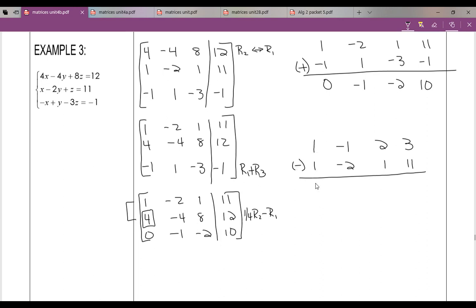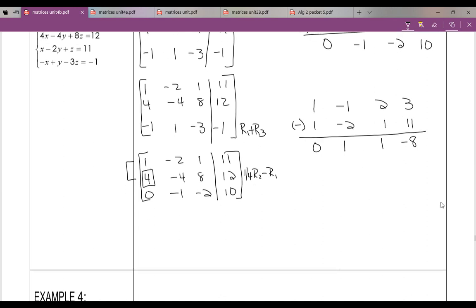1 minus 1 gives me 0. 1 minus -2 gives me +1. 2 minus 1 gives me 1. And 3 minus 11 gives me negative 8. Do y'all agree with those numbers?